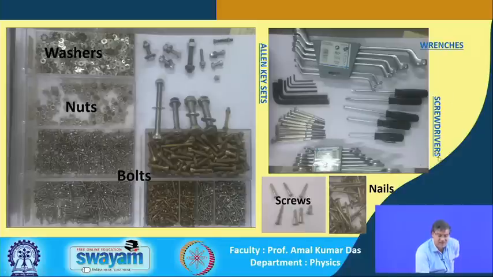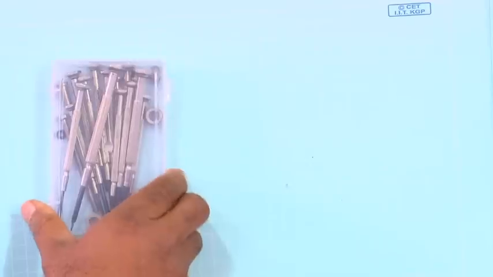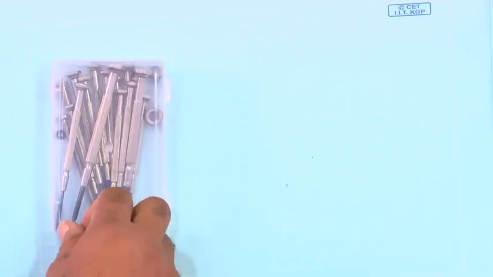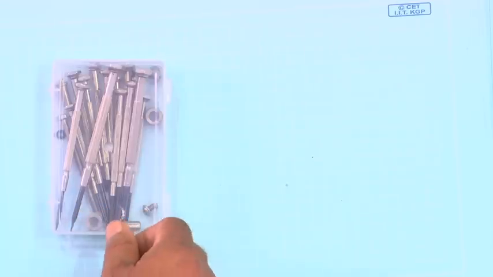So, screwdriver, these are screwdrivers. Here I have set this screwdriver. Okay, here you can see this is the screwdriver. Now, in a screwdriver, this end is different. Some are flat, some are star kind of things.